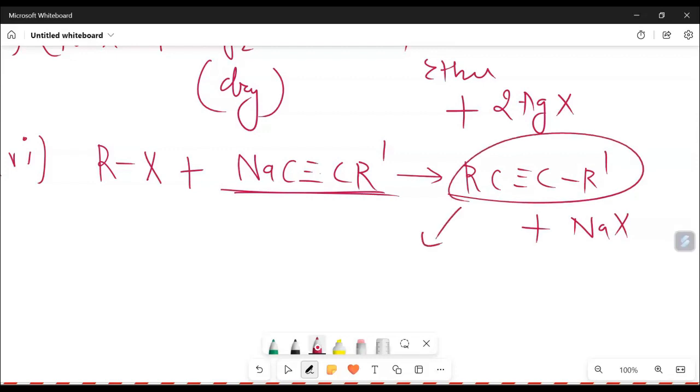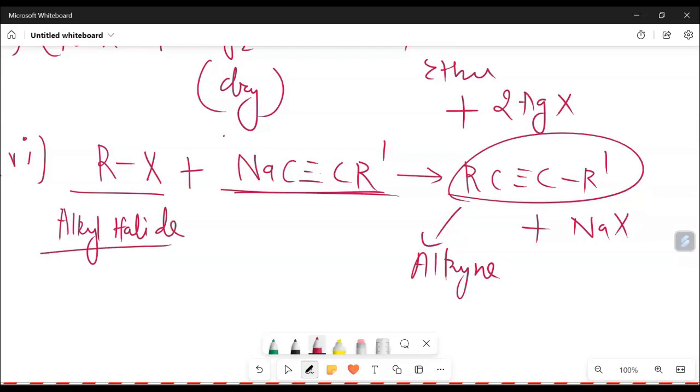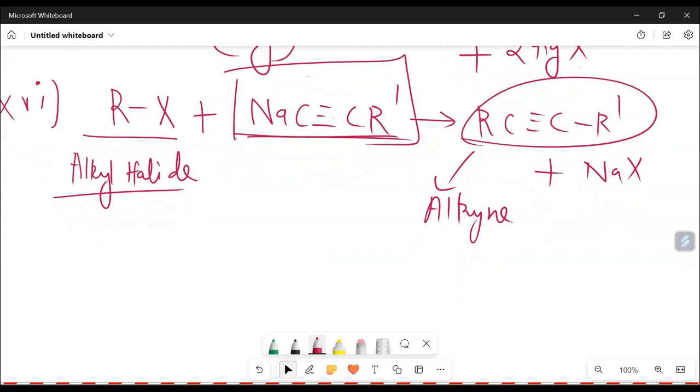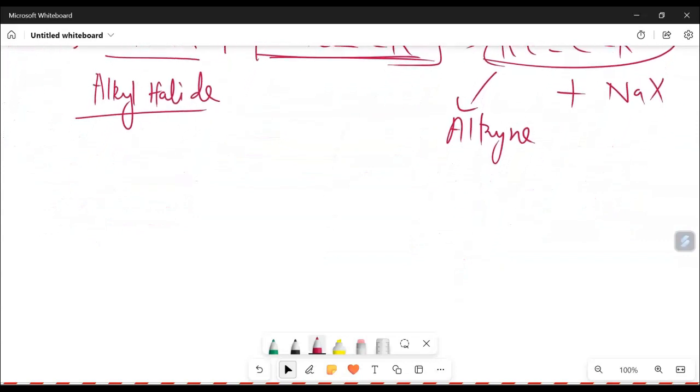So this is the alkyne formation from alkyl halide in the presence of NaC triple bond CR'. Okay, so you can remember that also.